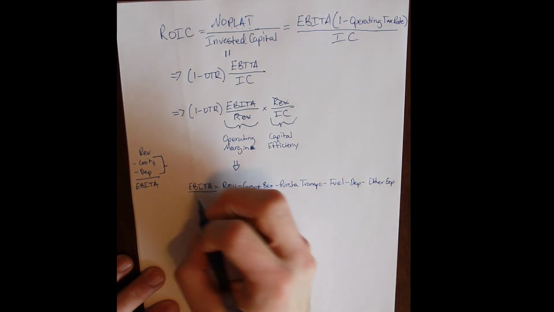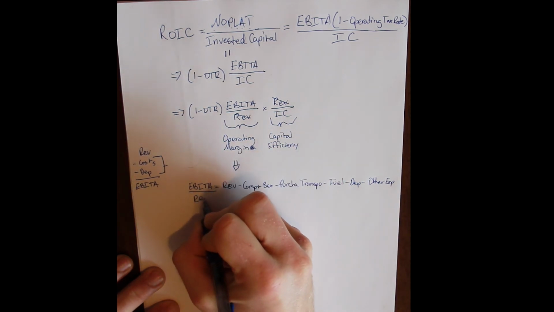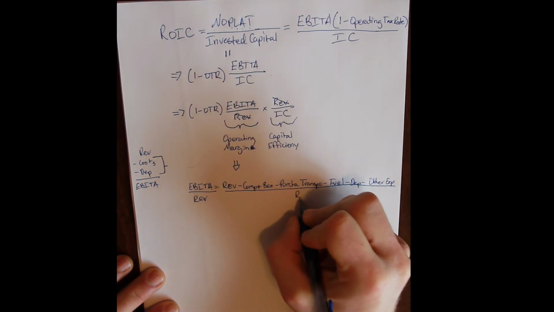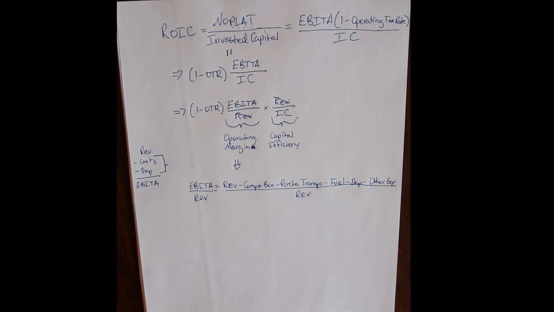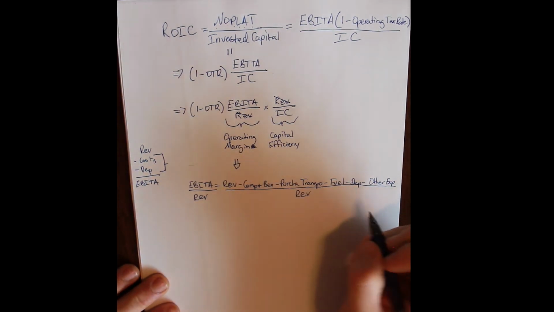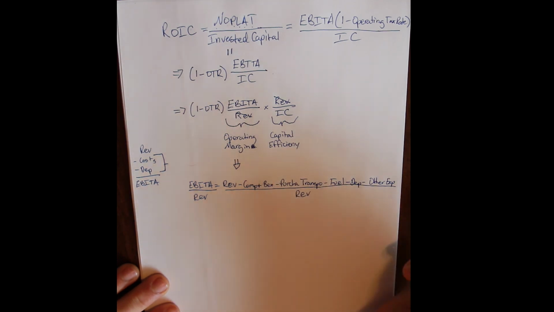And my ratio, EBITDA over revenue for operating margin, can be rewritten to look like this. And as long as the denominator is the same, all of these can be separated. And now you'll notice that these are how we get the rest of the branches in our tree.